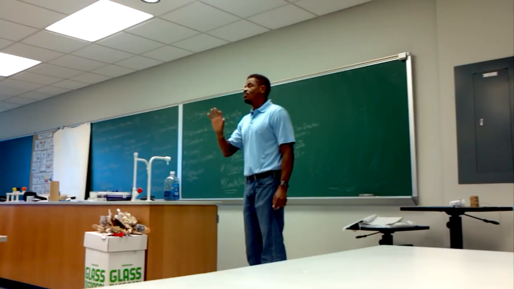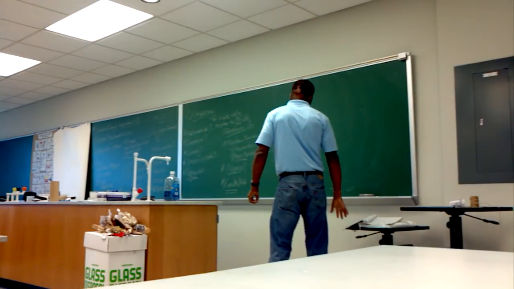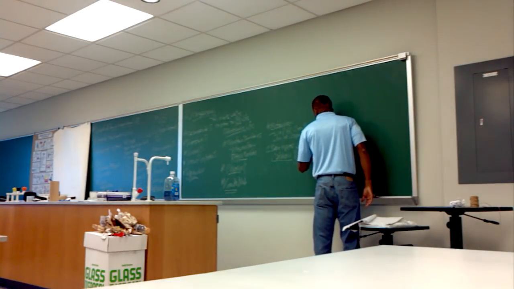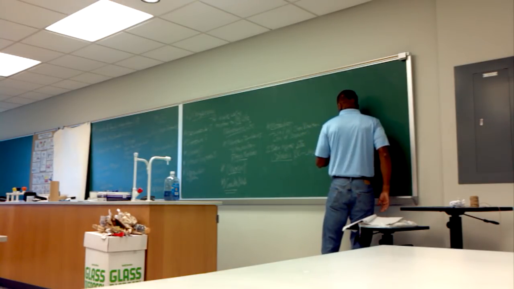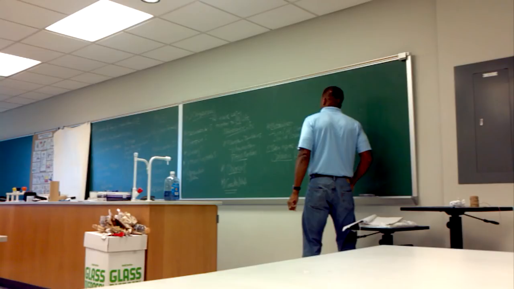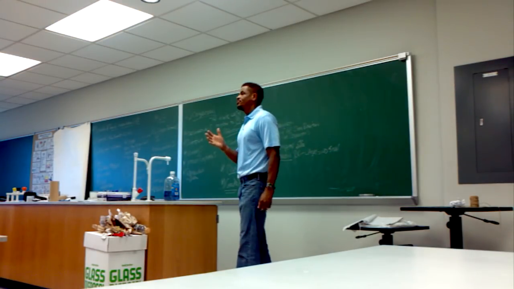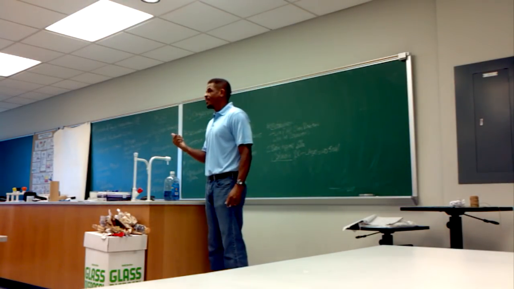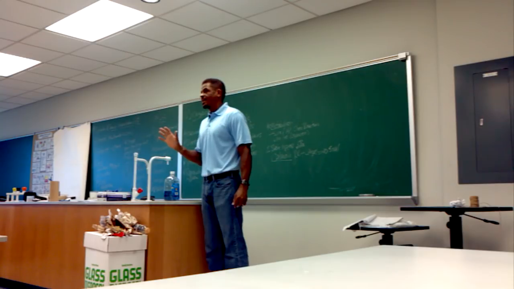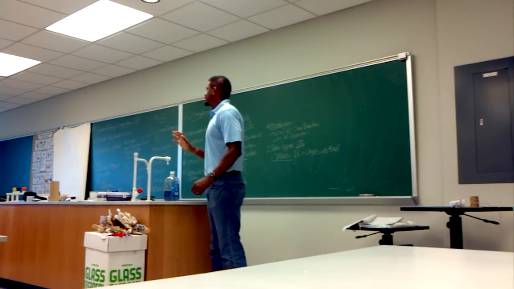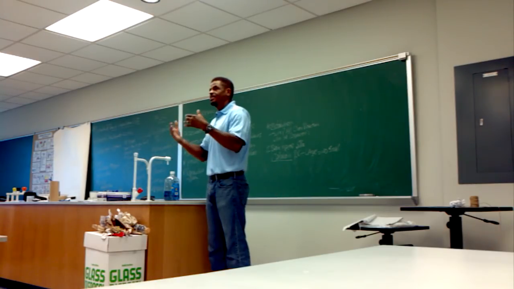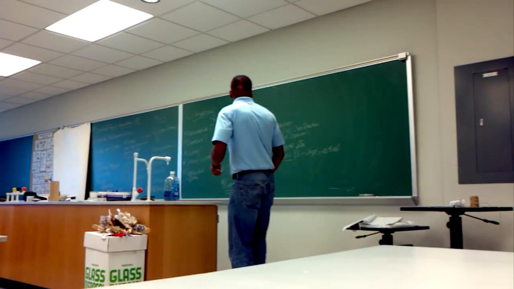So in catabolic reactions, we're going from larger to smaller. Like how breaking down glucose to what? Two molecules of what? Pyruvate. This would be a catabolic reaction. Are we okay with that? And during this process, a catabolic reaction typically will liberate or release what? Energy. So they release energy.